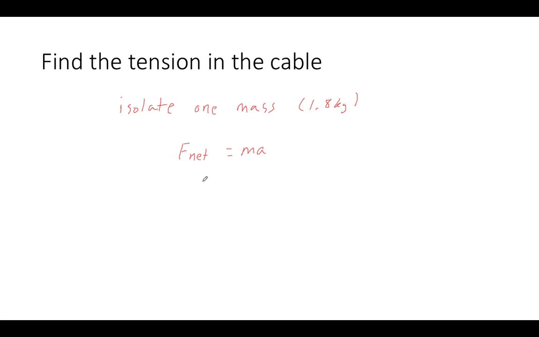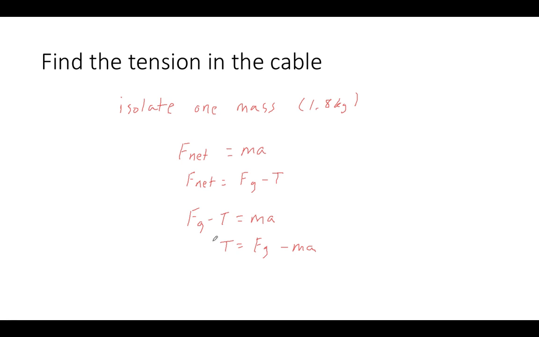So we make the equation for Newton's second law on that one mass. And we have F net is equal to Fg minus tension. So the sum of the forces. Two equations, and we're going to equate them together. So Fg minus T equals ma. And in this case, we isolate for T because that's what we're solving for. So it's equal to Fg minus ma.